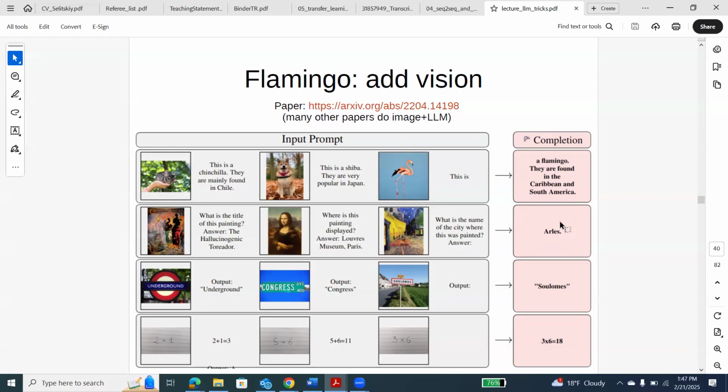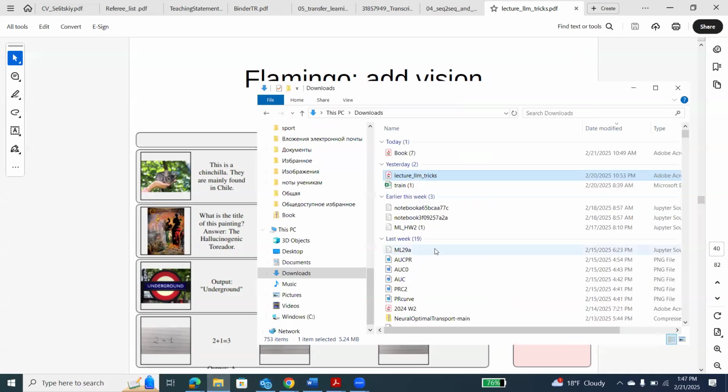Okay, now let's talk about interpretability of the model. Oh, wait a second. We have just 3 minutes left. Okay, but I want to finish our previous topic. Let's see.